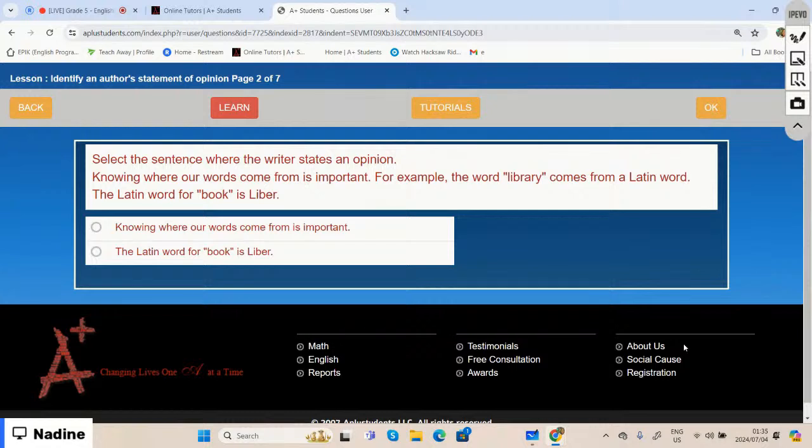For example, the word library comes from a Latin word, and the Latin word for book is liber. So, we now need to select the sentence where the writer states an opinion. Is it option one that says knowing where our words come from is important? Or option two, the Latin word for book is liber?